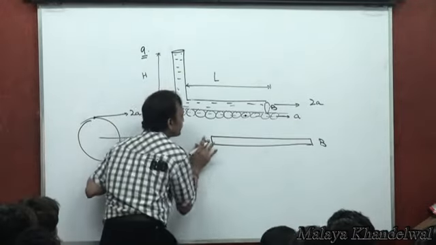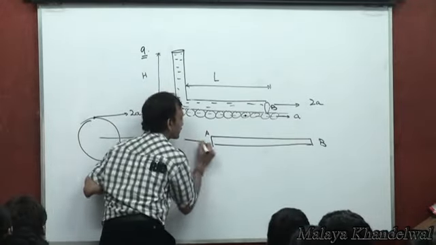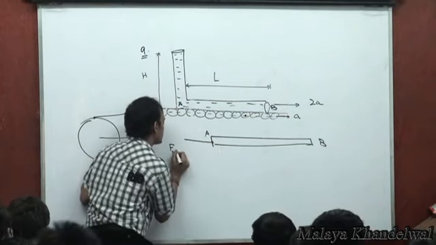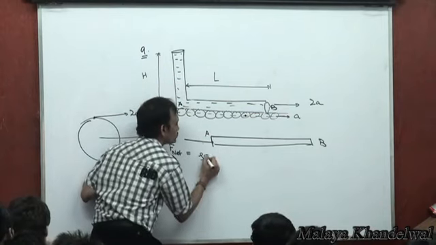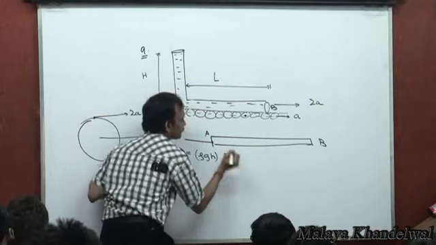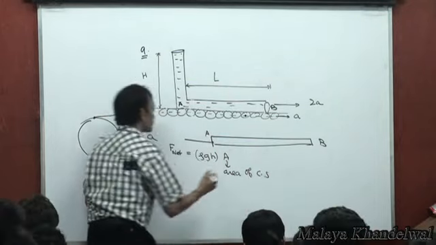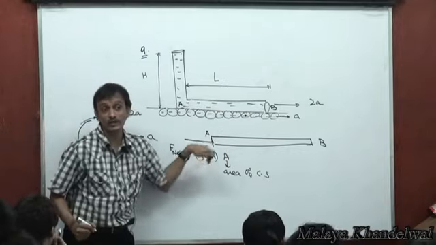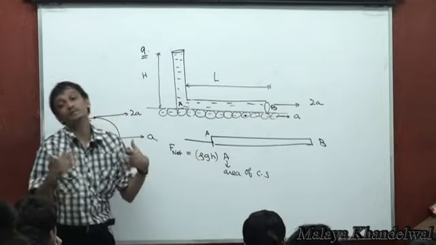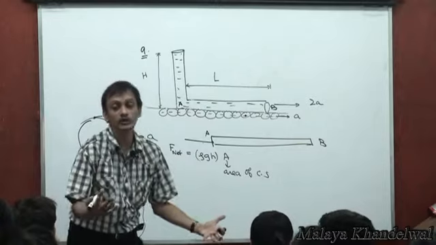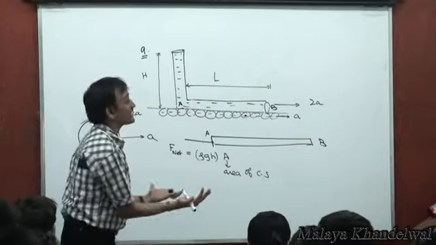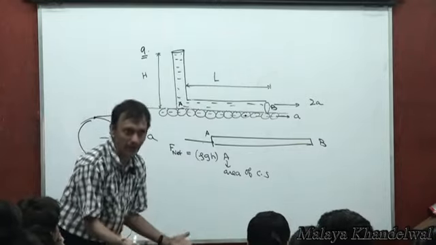Okay. So the net force, F net, is rho gh into area of cross section A. That's the net force acting on the liquid column. That must be equal to mass of the liquid column into acceleration. What will be the acceleration of the liquid column? 2a, right?